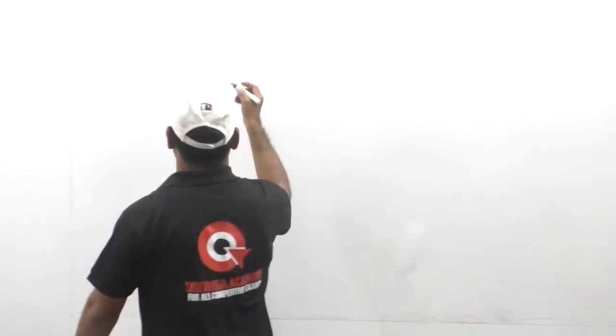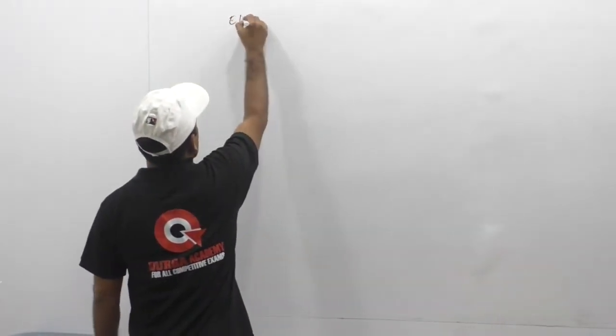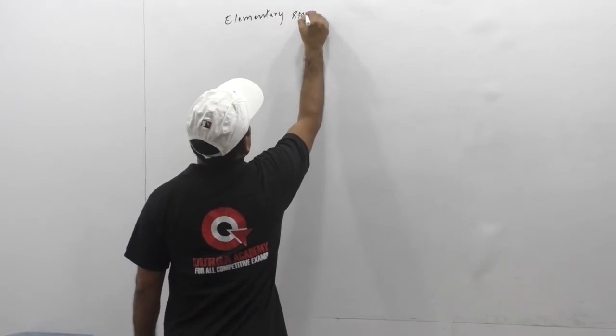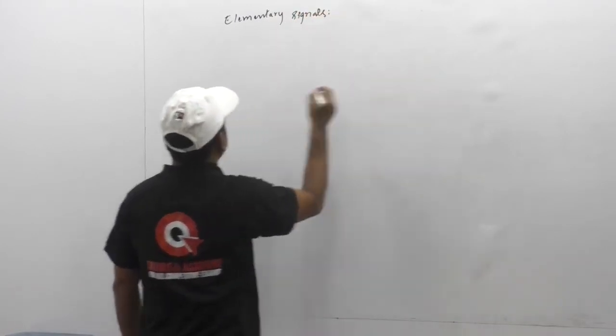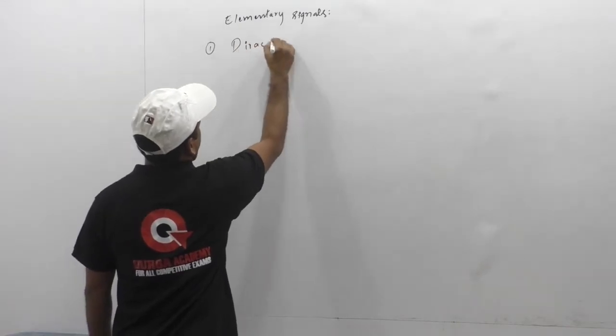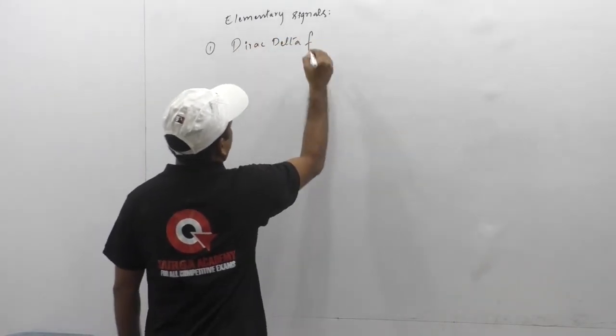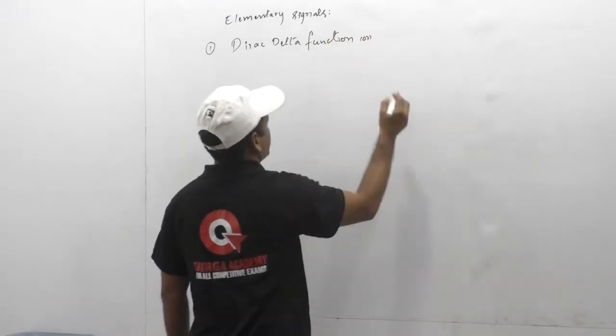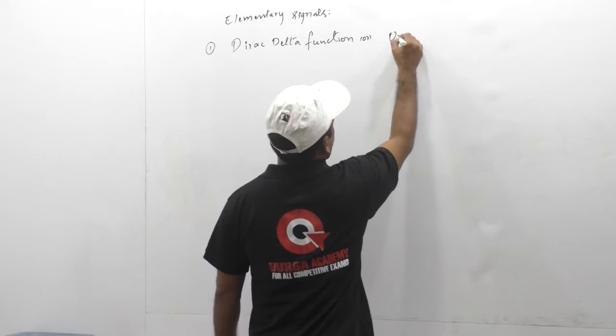First, one by one, I will discuss the basic elementary signals in signals and systems. The first signal I am going to discuss is the Dirac delta function, or else we can call it the unit impulse function.